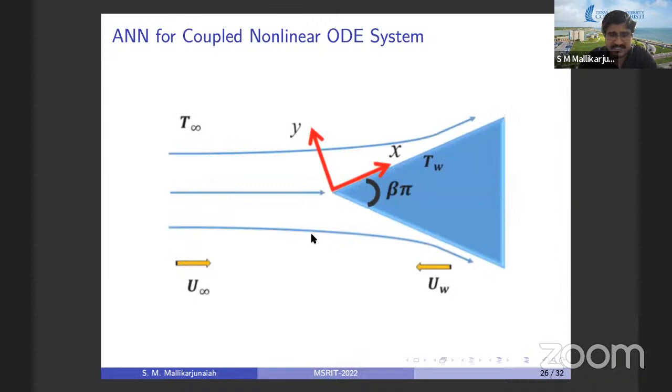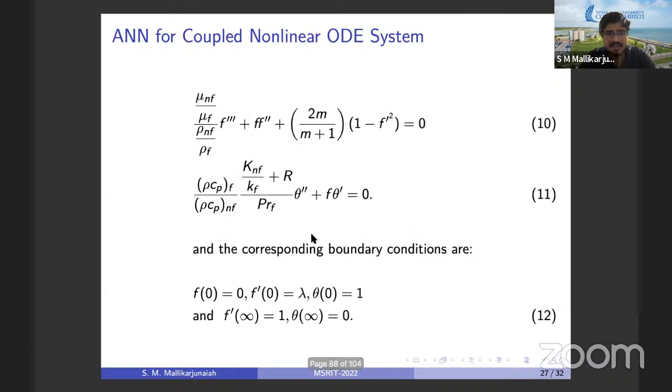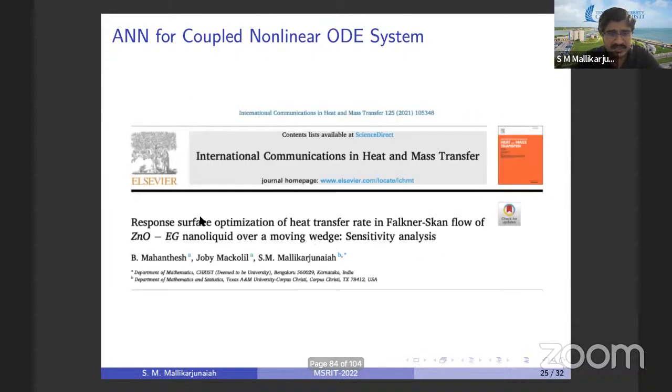but what I'm interested in is taking this third order coupled nonlinear ODE and putting it into the framework of neural networks, and then comparing whatever solution we get with the standard Runge-Kutta type of technique.